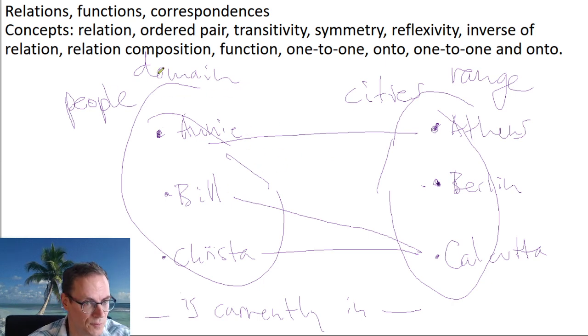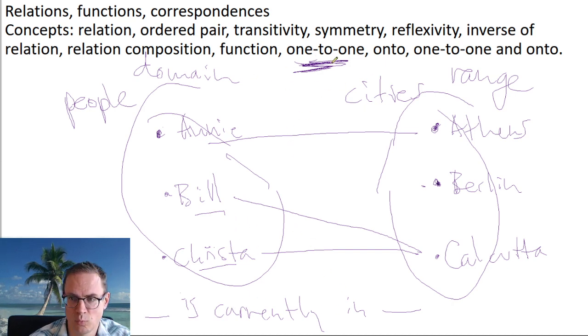Then within those functions, so within relations that are never one-to-many, there are additional characteristics, and one of them is one-to-one. Well, one-to-one, the name already says it. Bill and Krista here are many-to-one, because Bill goes to Calcutta and Krista goes to Calcutta, is currently in.